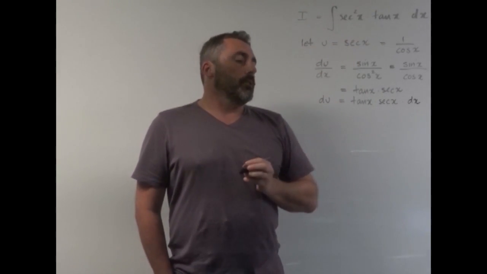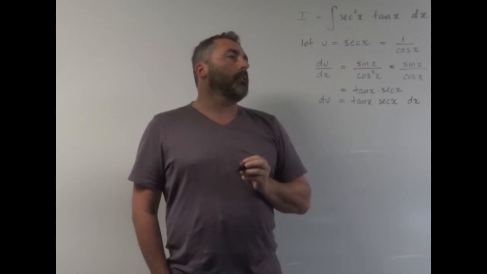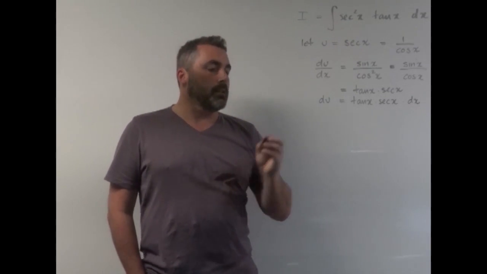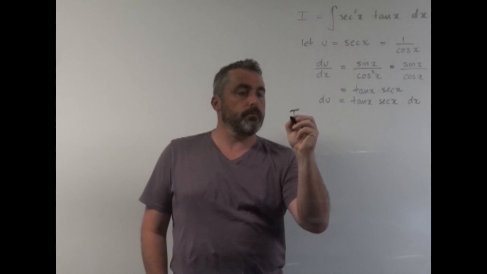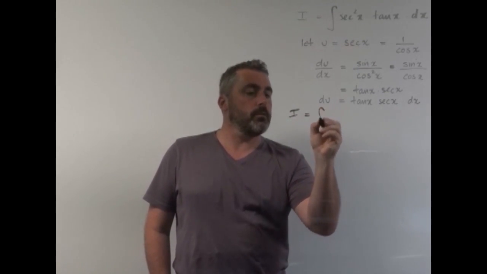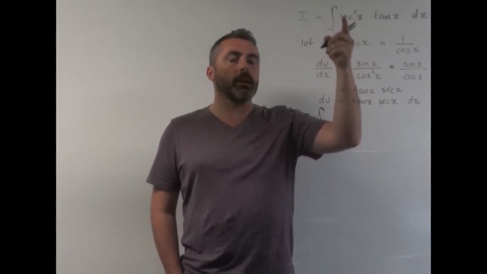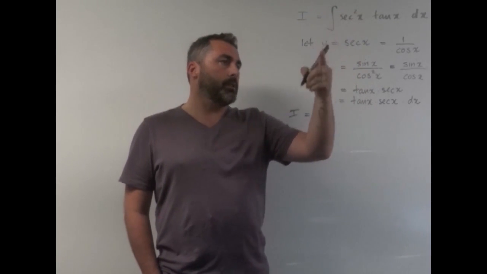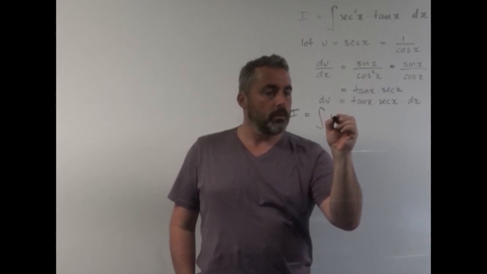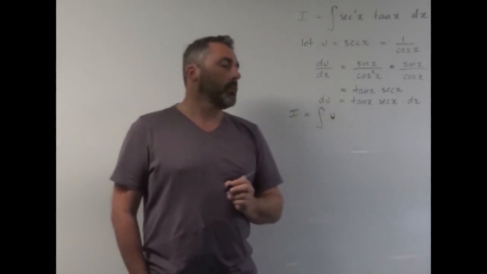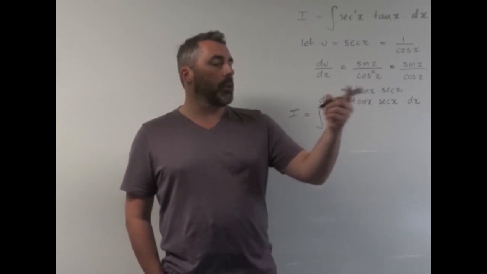Alright, so that is incorporated into this integral. There's a tan x and a sec x in there, so it works out really nicely. So I becomes the integral of sec x times tan x. So sec x is u times tan x sec x, which is all du.